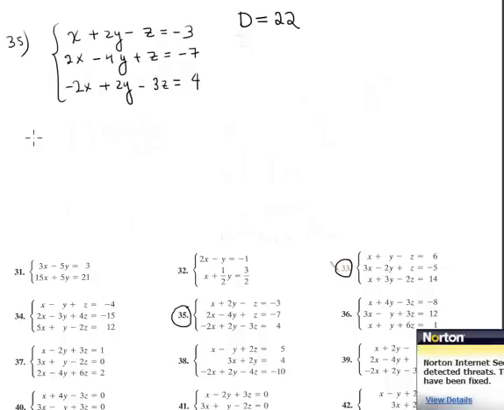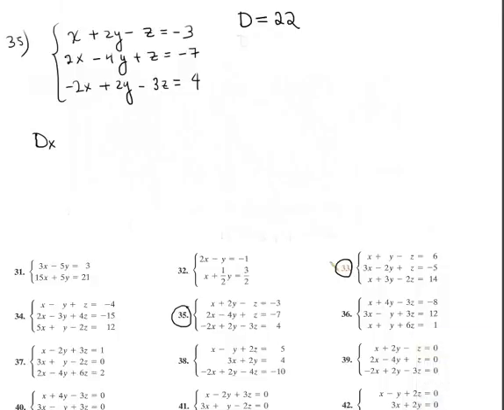Okay, dx is the matrix with first column minus 3, minus 7, 4. Replace this column by this, the rest stays the same: 2, negative 4, positive 2, negative 1, 1, and negative 3.